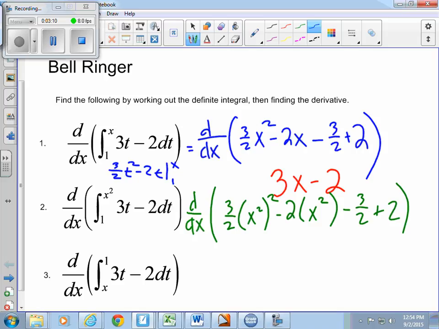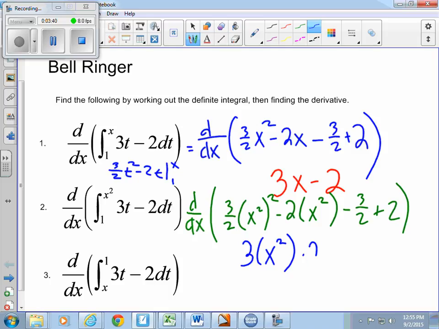What do I do when I take the derivative of this, and what do I have to do to take the derivative of that? Okay, I either have to multiply it out. I'm going to go ahead and just do a chain rule for fun. So if I did do a chain rule for fun, would you agree that I would get 3 times x squared, good so far?